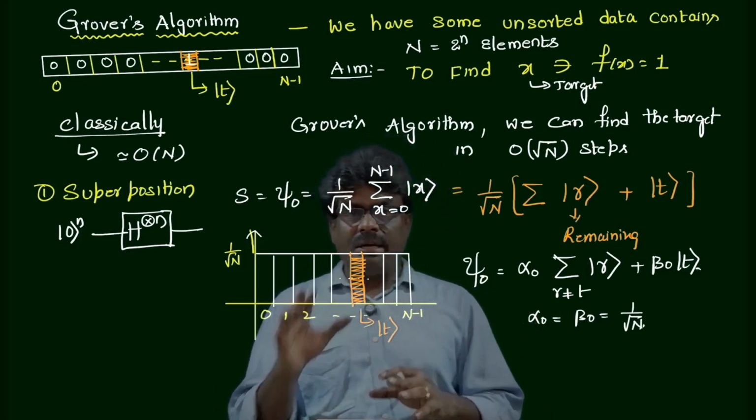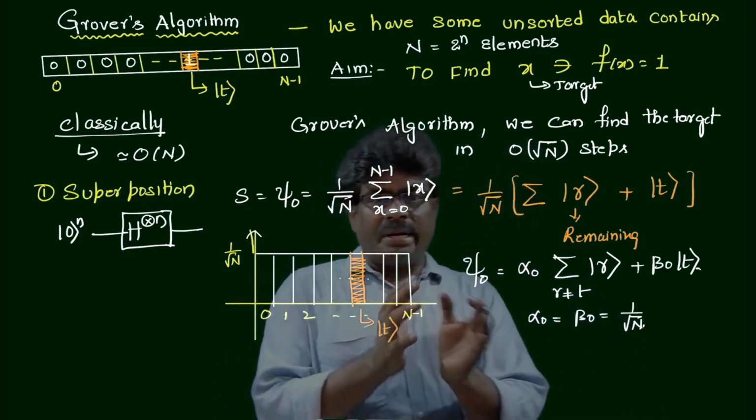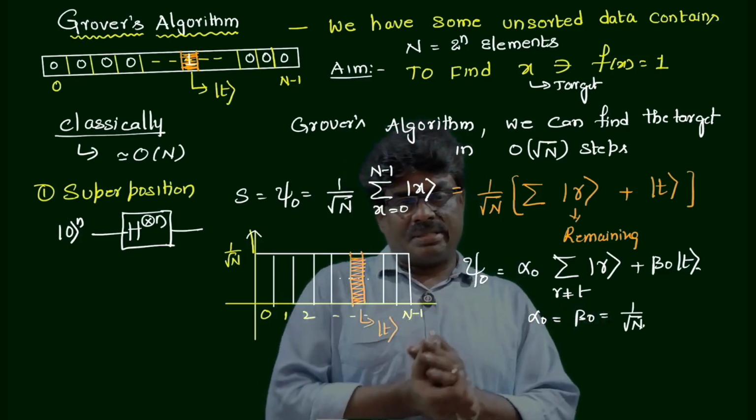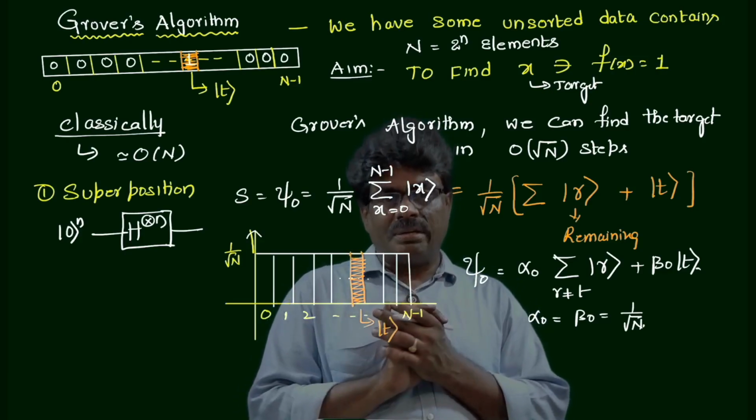So here we have created the superposition state by separating the remaining states and the target state. Initially, both have the same amplitude, 1 over root N.